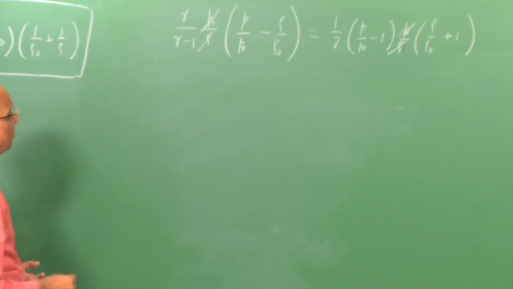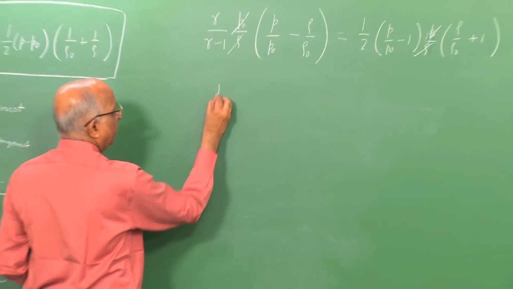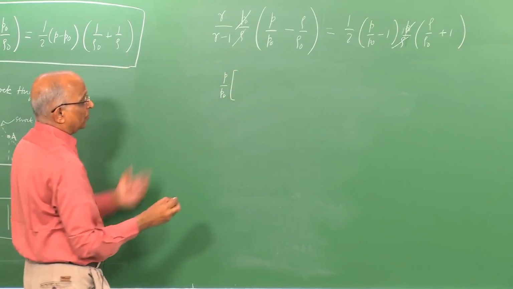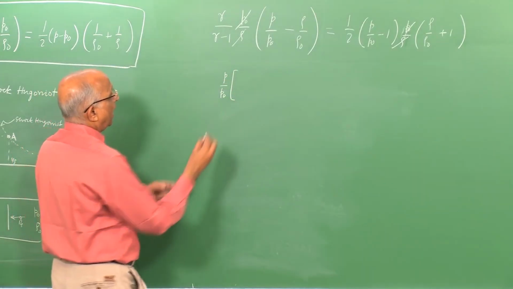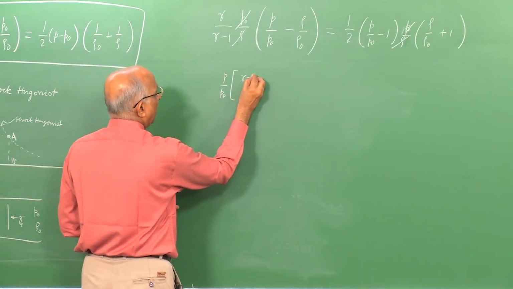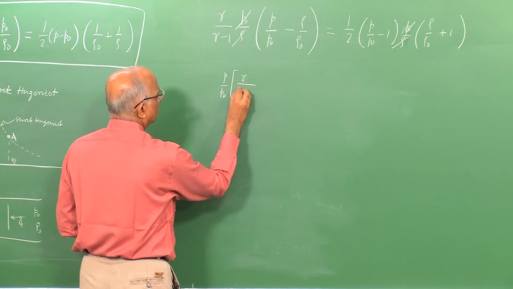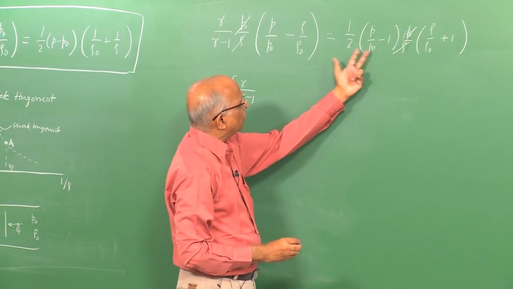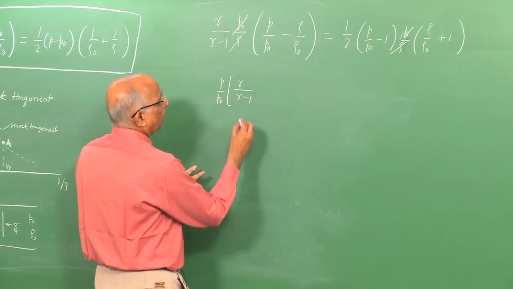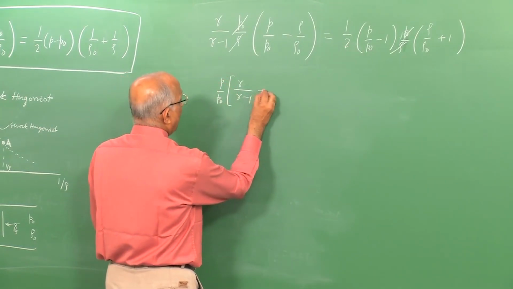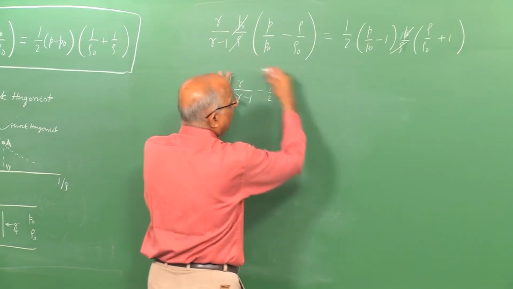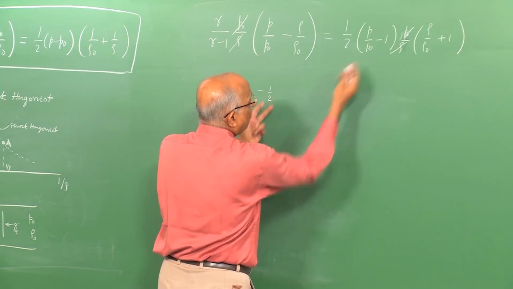and therefore, now if I were to write the expression for P by P0 as a function of rho by rho0, I take it on the other side, I have P by P0 into gamma by gamma minus 1 on the left hand side. Now, I have P by P0 with a half, and therefore I get here minus half, because I am still keeping it on the left hand side, minus half of what?